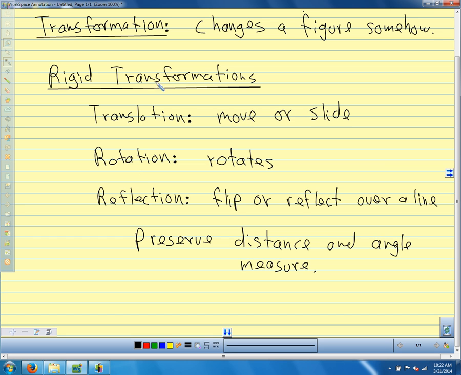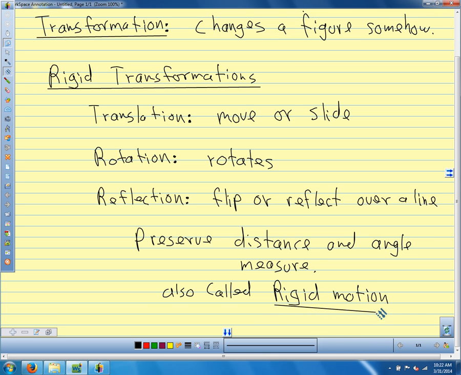We can also call a rigid transformation a rigid motion. Rigid transformation, rigid motion mean the same thing. And the reason we call them rigid is because things aren't moving around. Everything stays exactly the same.